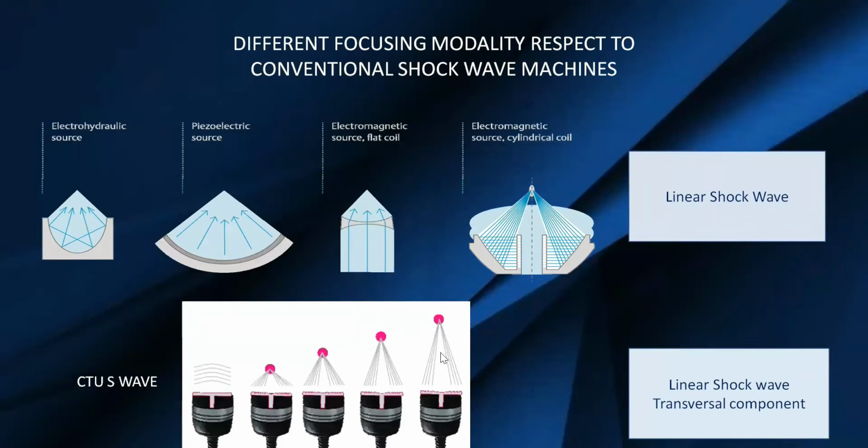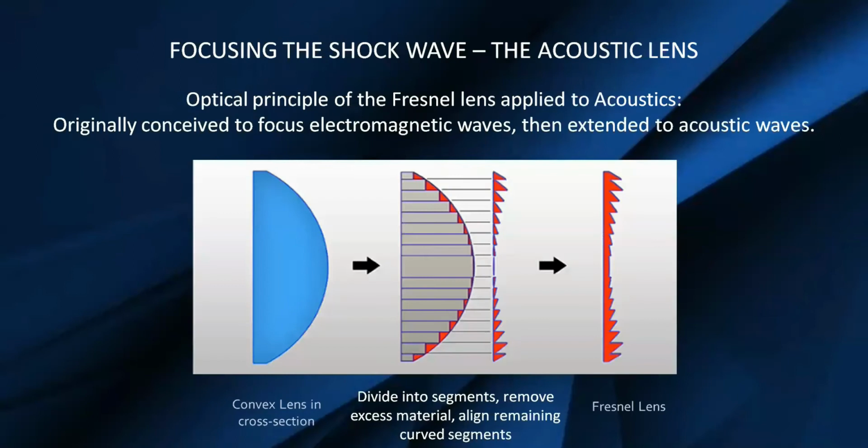So we have the possibility to focus the impulse, and we have the longitudinal component, the linear component of the acoustic fields, but we have also a transversal component due to the movement of the lens. I will explain this concept better in the next slides.